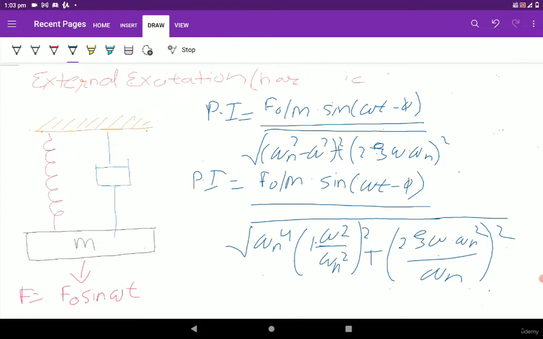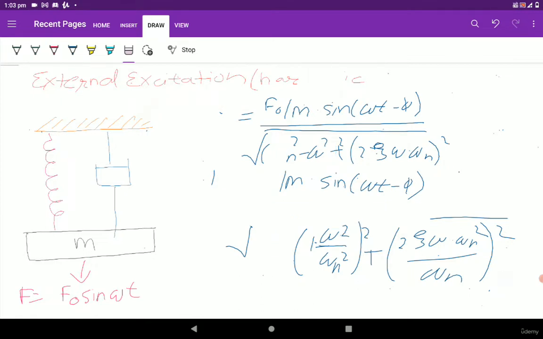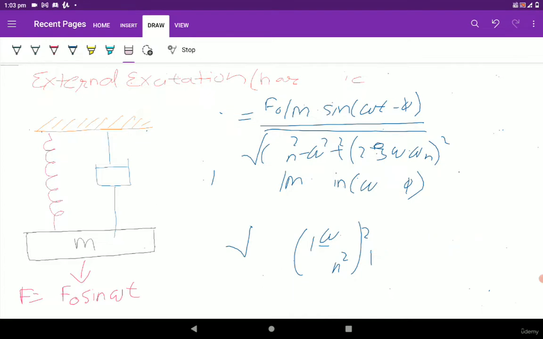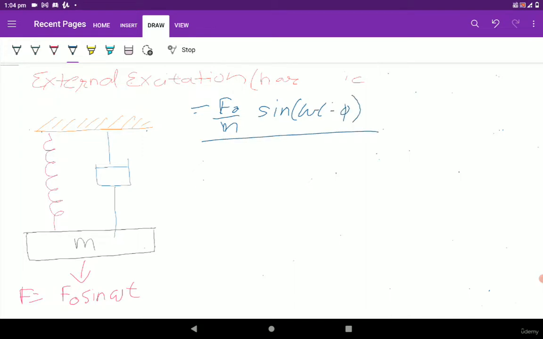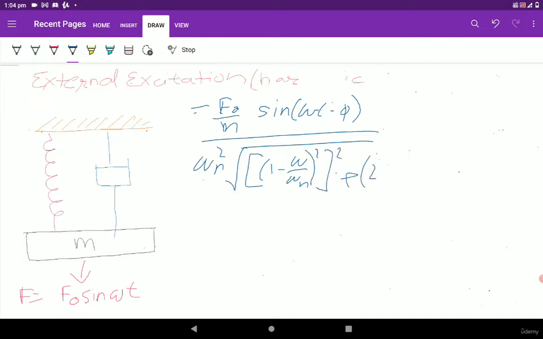Now let's further simplify. After further simplifying, we are going to get f naught by m sin of omega t minus phi divided by omega n square under root of 1 minus omega upon omega n square whole square plus 2 zeta omega by omega n whole square.